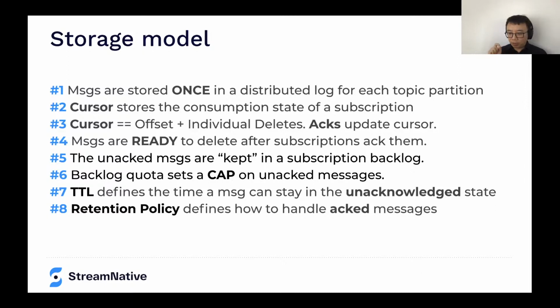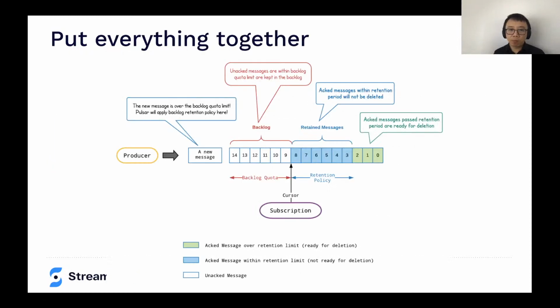So retention policy defines how to handle acked messages. It doesn't define the behavior of unacked messages. When we put all these things together, you can see the cursor is defined as a boundary between messages that are already acknowledged and messages that are not acknowledged.